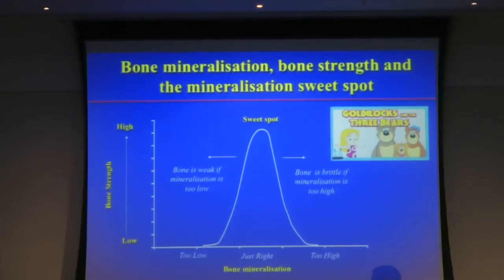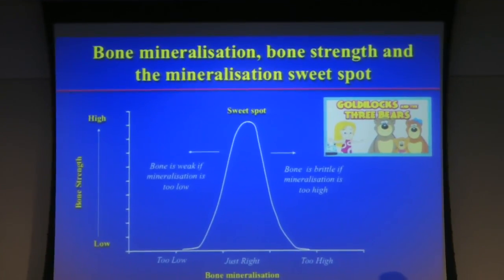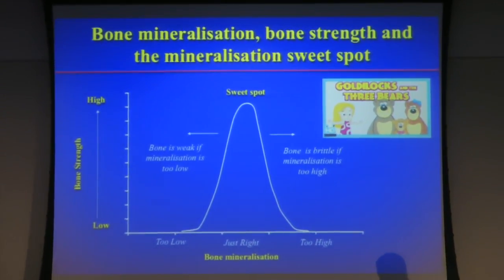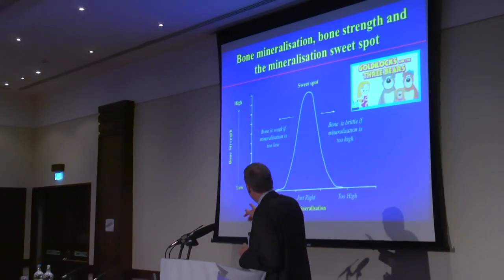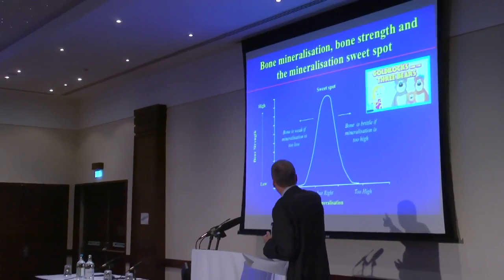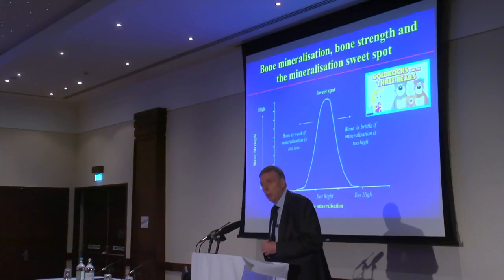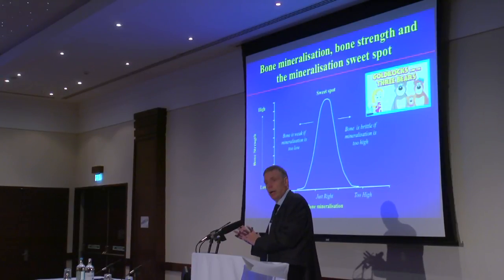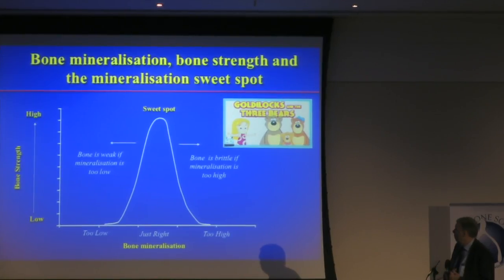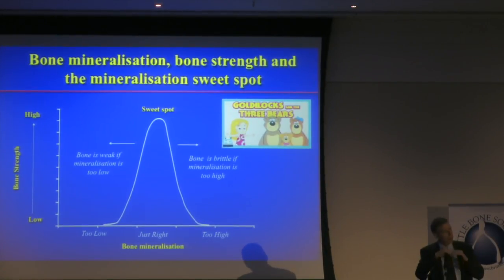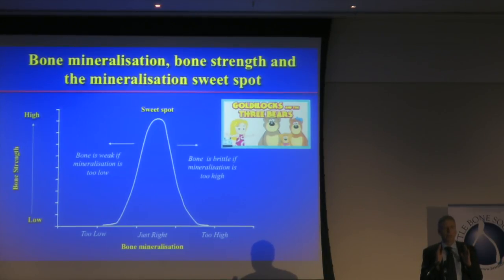Bone mineralization varies. If it's too low, it's bad because then your bones are weak. That's on the left-hand side. If it's too high, that's bad as well. If your bones are far too mineralized, they become brittle and they can break. But there's what I call a sweet spot in between where it's just right, okay?